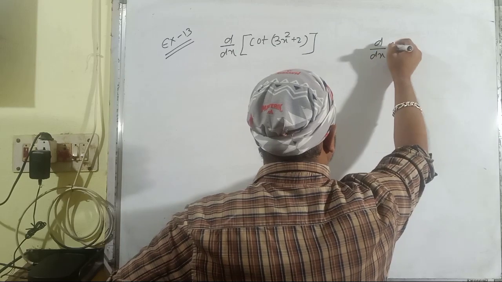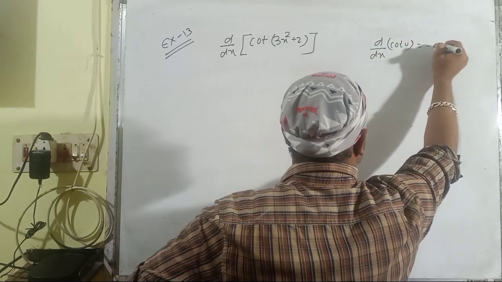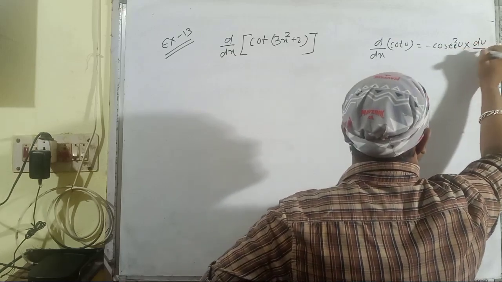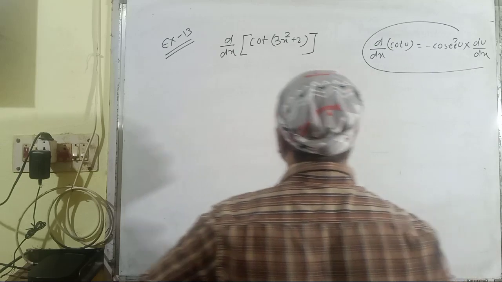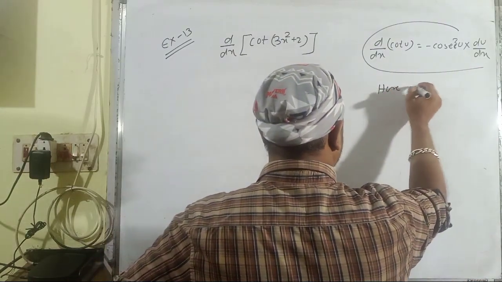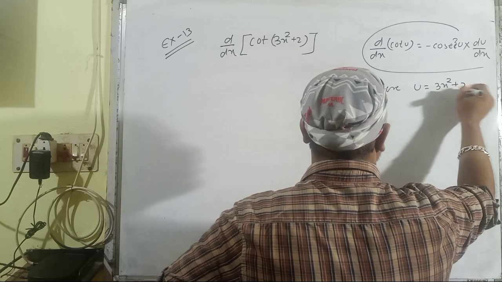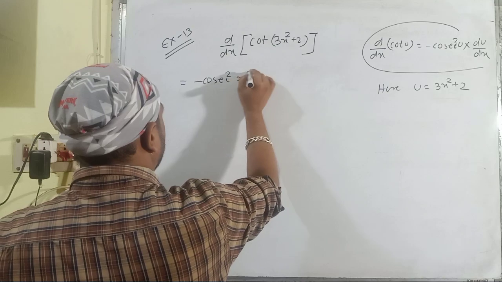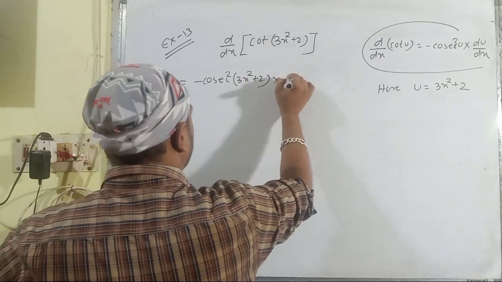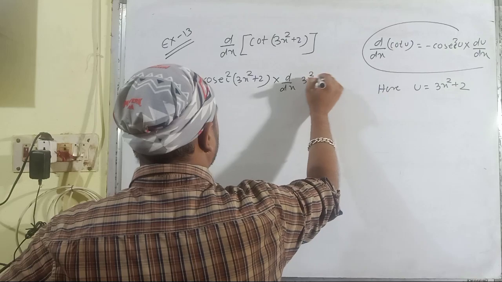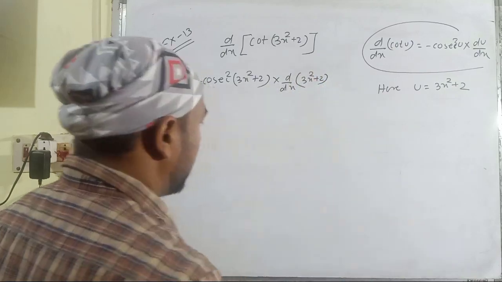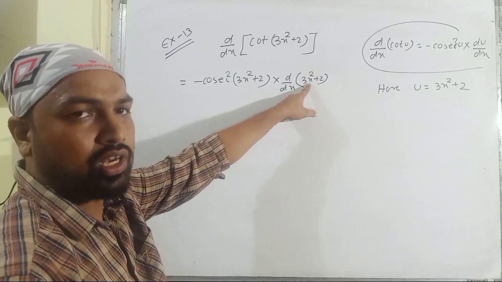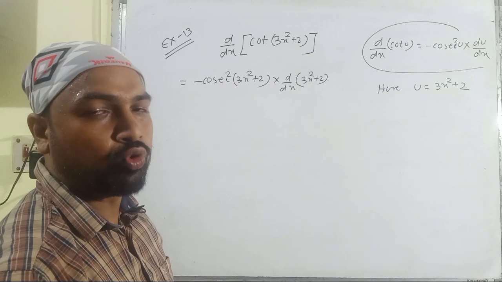We know that differentiation of cot u is minus cosec square u multiplied with the differentiation of u with respect to x. Here u is equal to 3x square plus 2. So it will be minus cosec square 3x square plus 2 multiplied with the differentiation of 3x square plus 2. The differentiation of 3x square plus 2 is 6x, because differentiation of 3x square is 6x, and differentiation of 2 is 0.